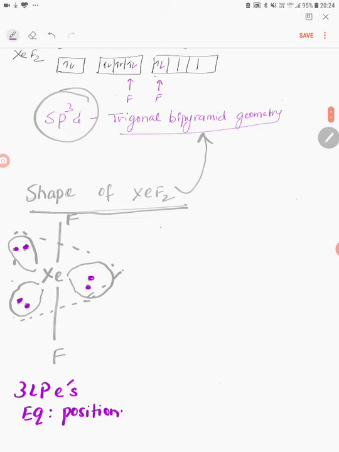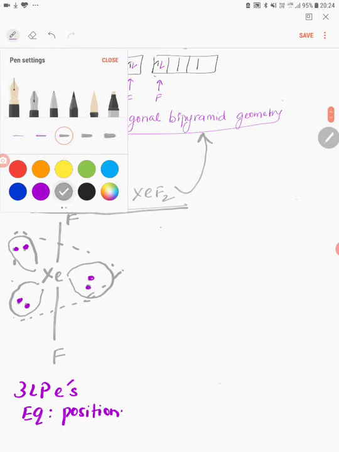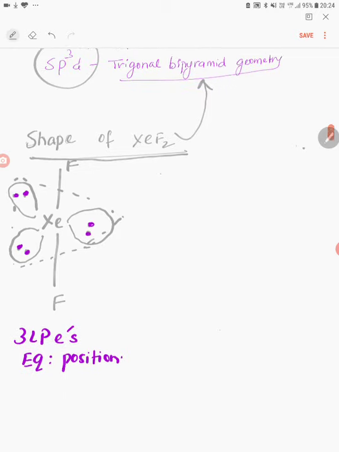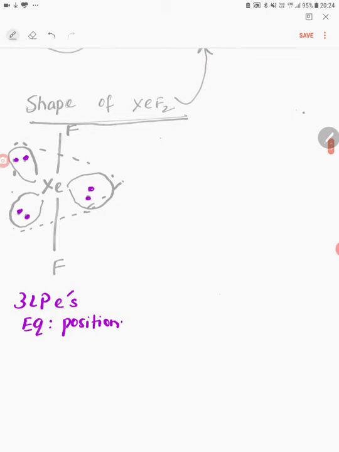These electrons in the three lone pairs are in the equatorial position, as they are not in the axial position, so this structure is highly stable. So we can say that this is figure A.